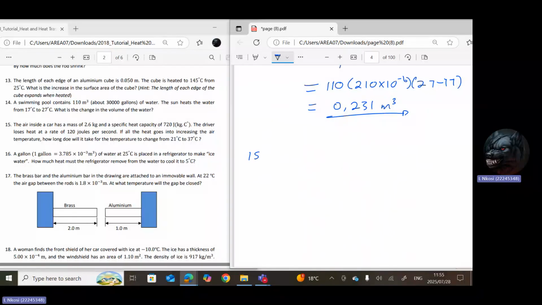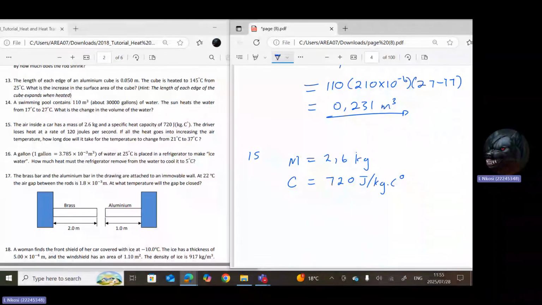Then number 15. The air inside a car has a mass of 2.6 kilograms and a specific heat capacity of 720 joules per kilogram Celsius degree.